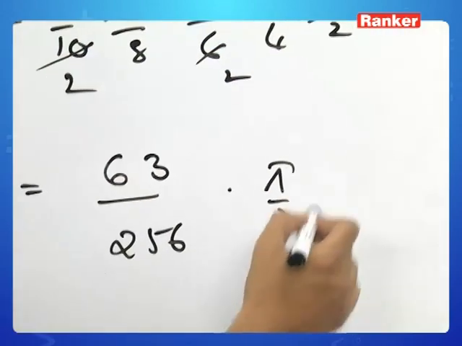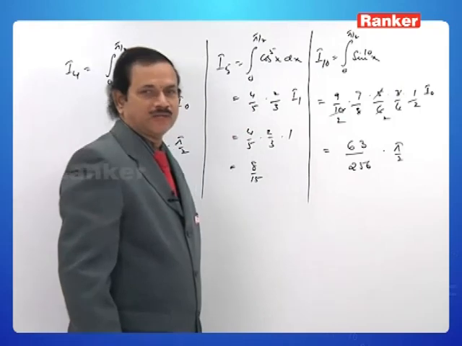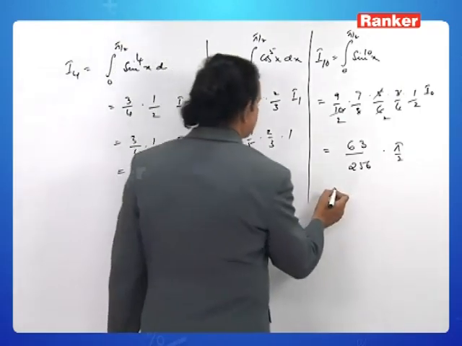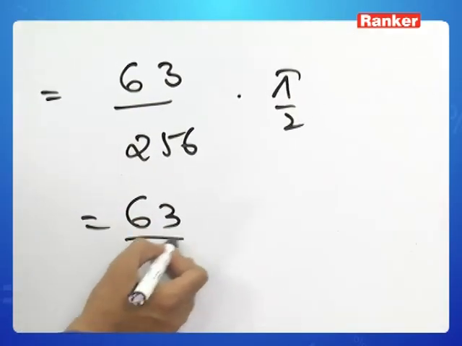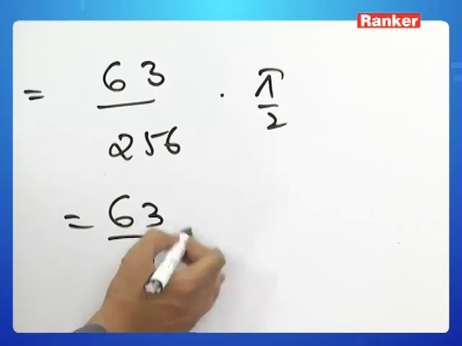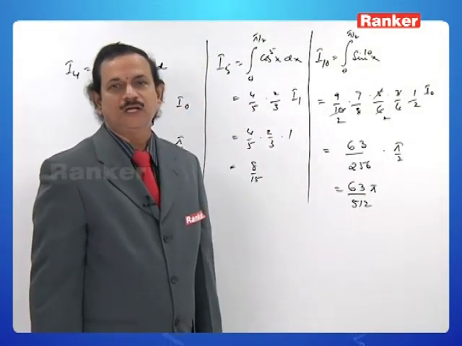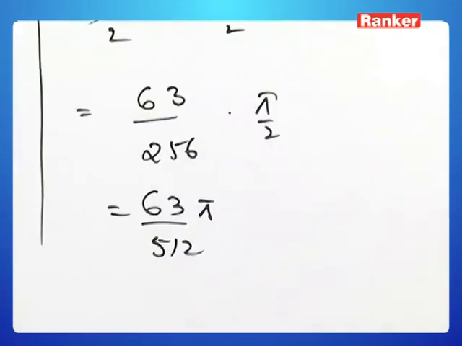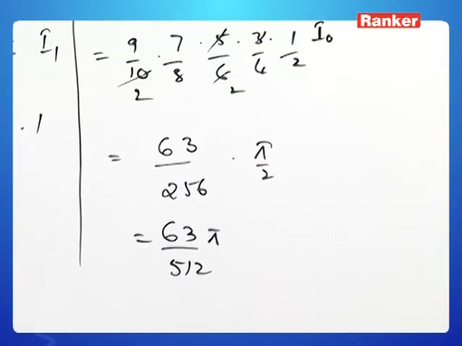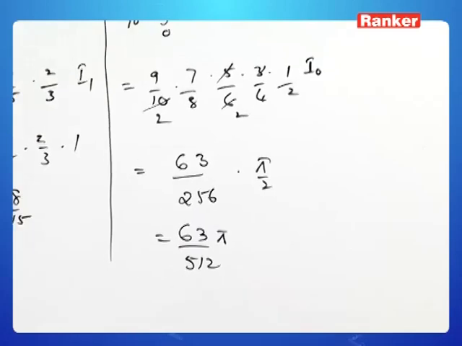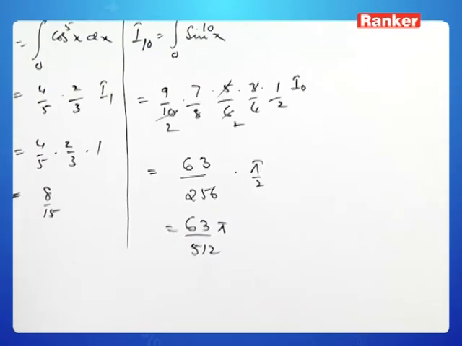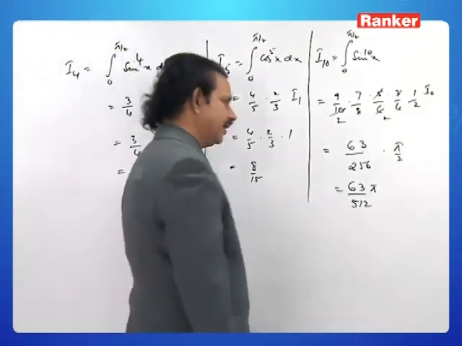What is I0? Pi by 2. Hence this is 63 by 512 pi. This is the answer. Whatever might be the value of that n, either it is even or odd, you will be able to have the answer like this. Okay, next one.